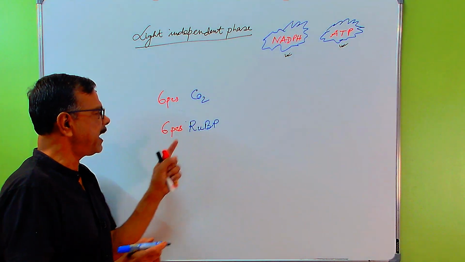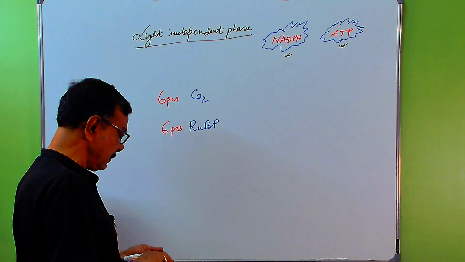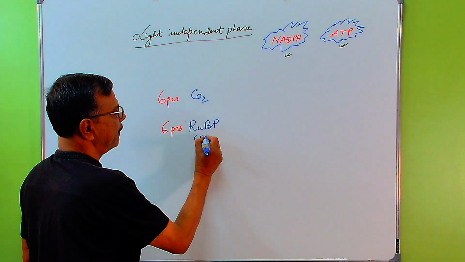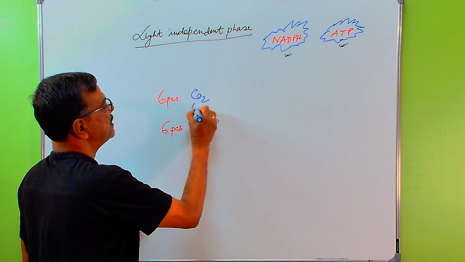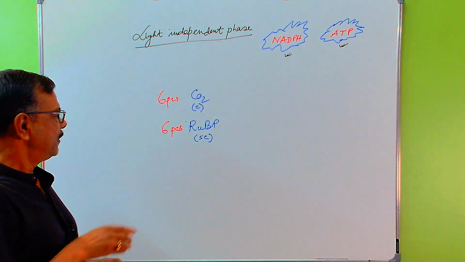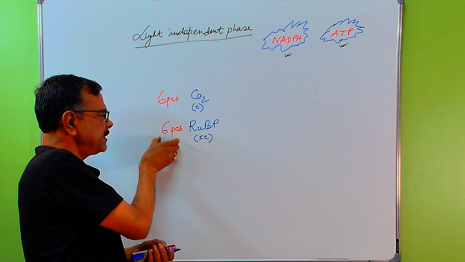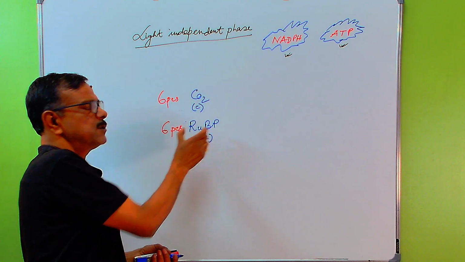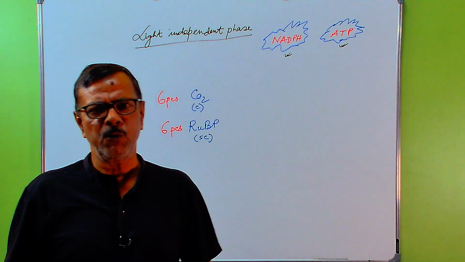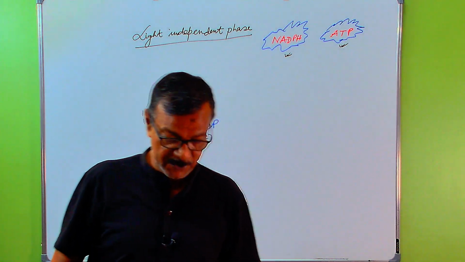These 6 pieces of ribulose bisphosphate have 5 carbons in each, and each CO2 has 1 carbon. So I have taken 6 pieces of RuBP. It's known as ribulose bisphosphate; previously we used to call it ribulose diphosphate.